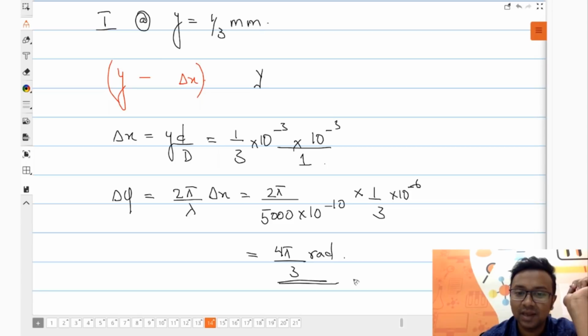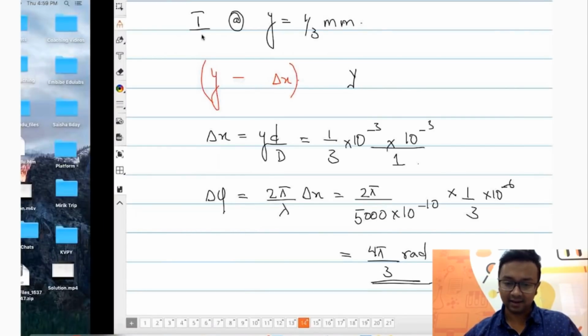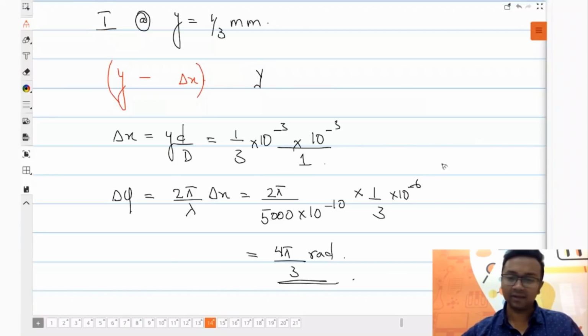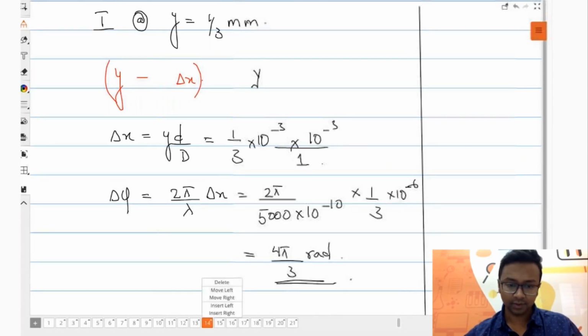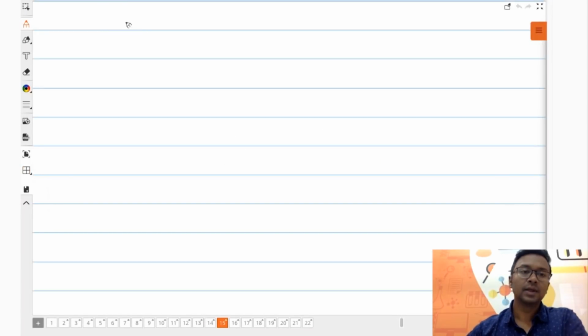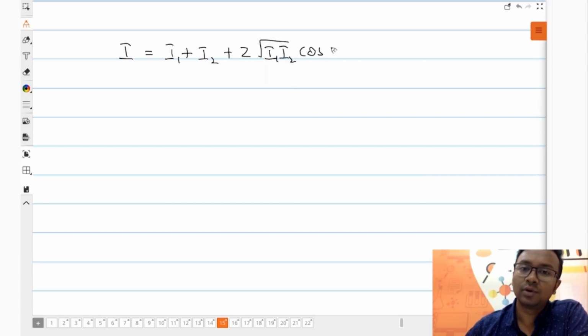So delta phi comes out to be 4 pi by 3 radians, my dear students. And if you want to know the intensity at 1 by 3 millimeter, let me take a fresh page. It is going to be equal to what I said to you: I1 plus I2 plus 2 times root of I1 I2 cos of phi.